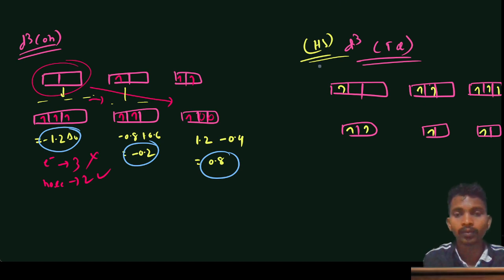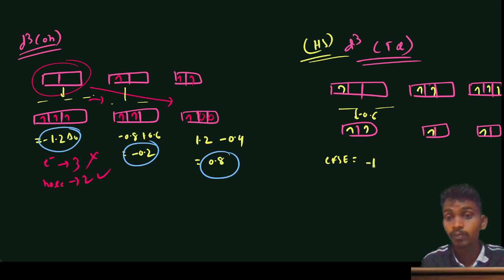So for this we will calculate the CFSE. Here now negative is here, and that is multiplied by minus 0.6, so this is 0.6, that is minus 1.2, after that plus 0.4, that is going to be minus 0.8.